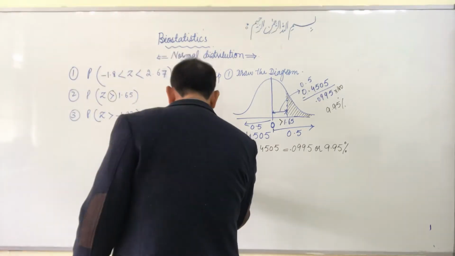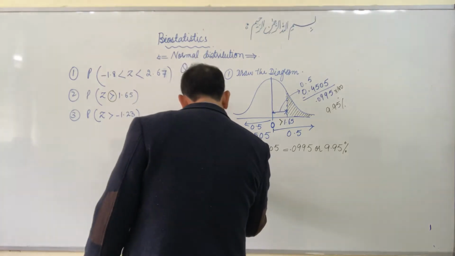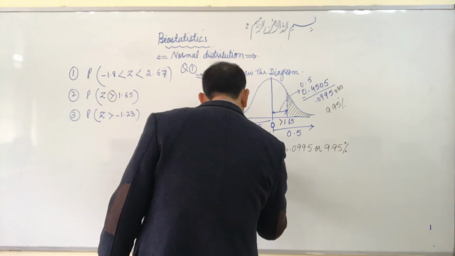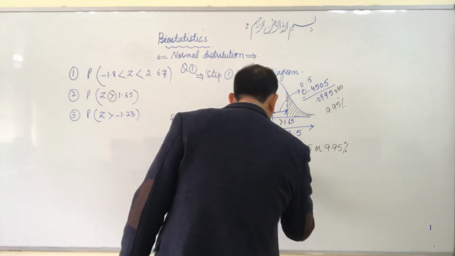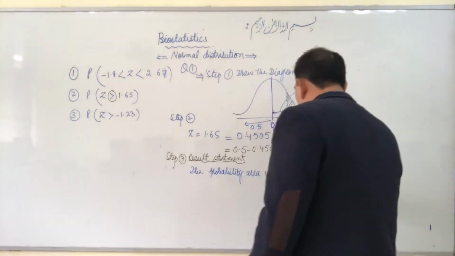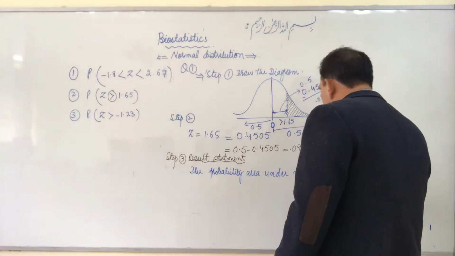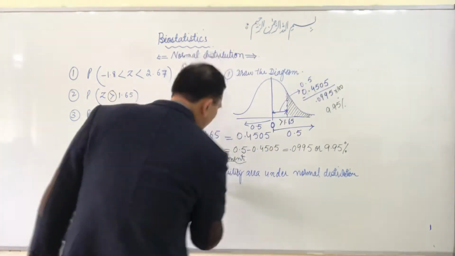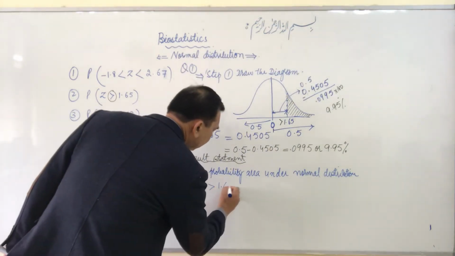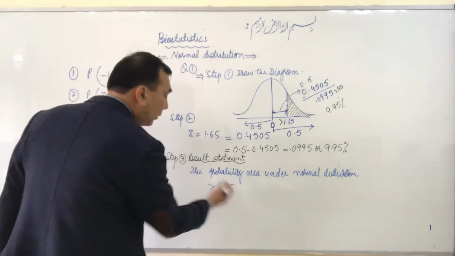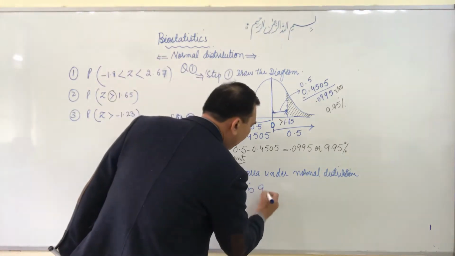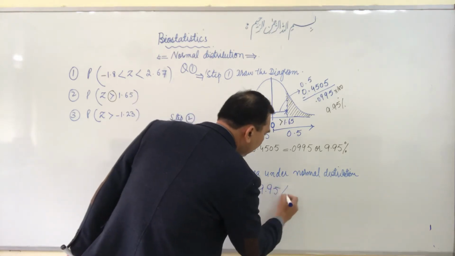The probability area under the normal curve or normal distribution above 1.65. Above 1.65 is 4.95%.